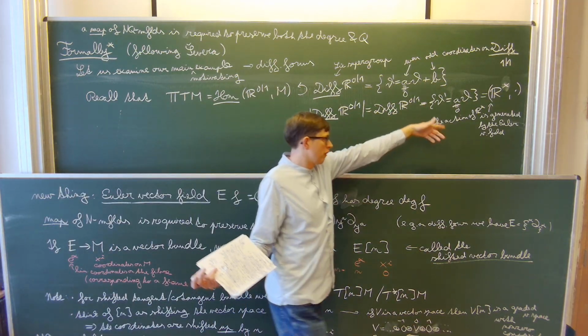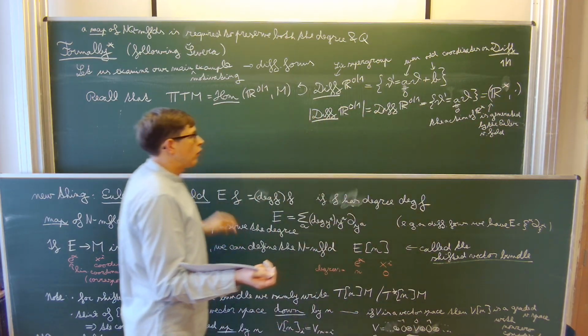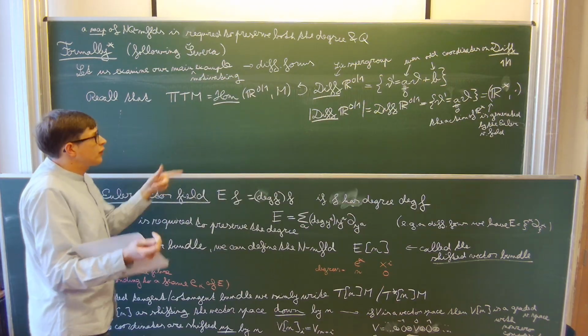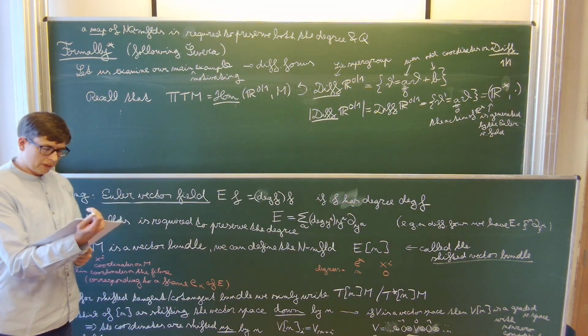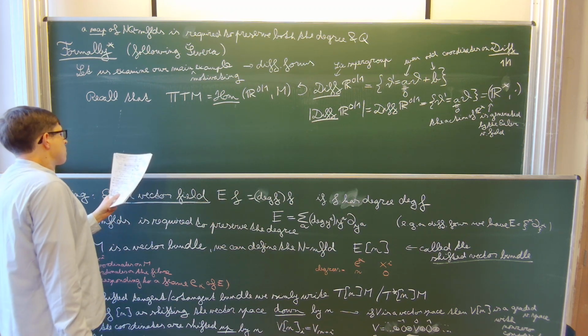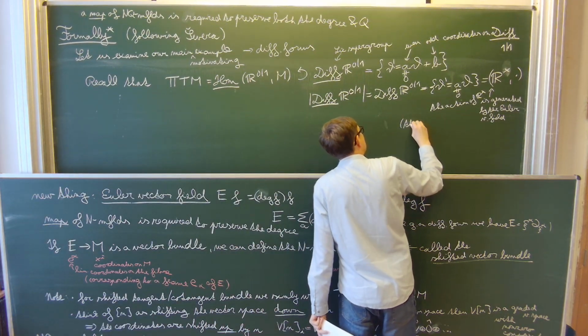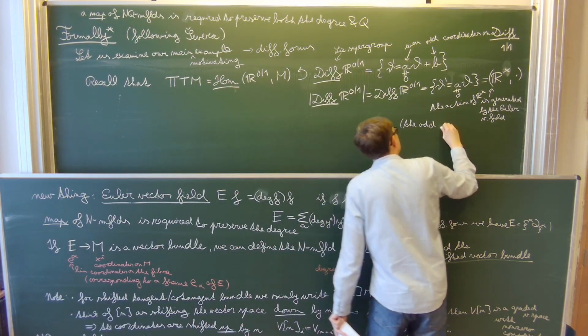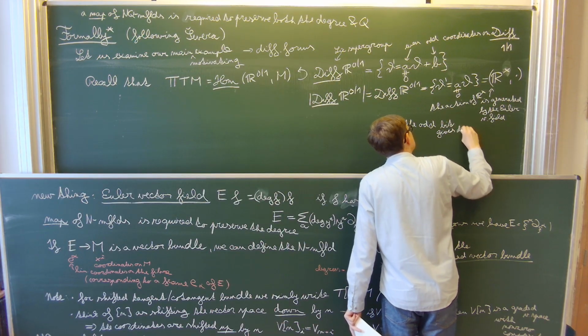So you have an action of this thing, some sort of scaling, and it's generated by some vector field, and when it acts here, this gives the Euler vector field. Okay, does that make sense? The odd bit gives de Rham.